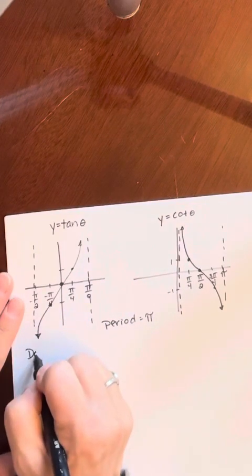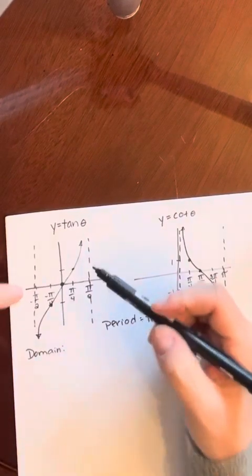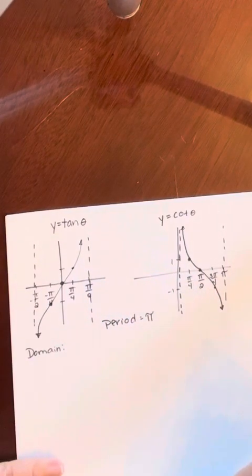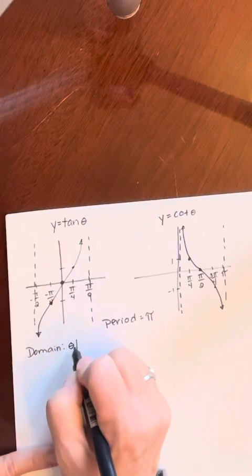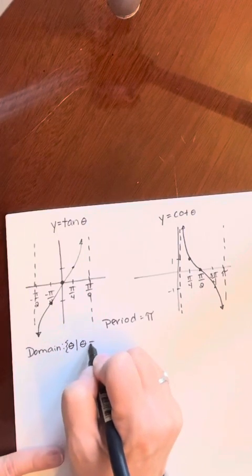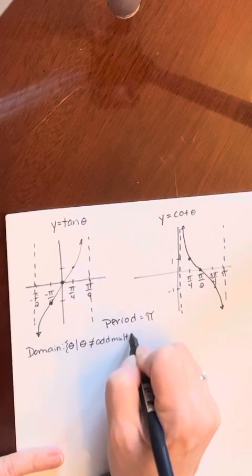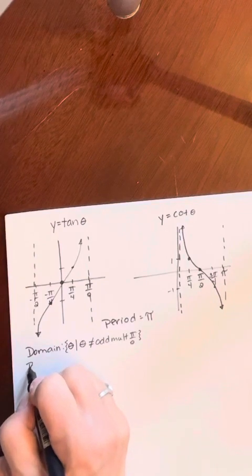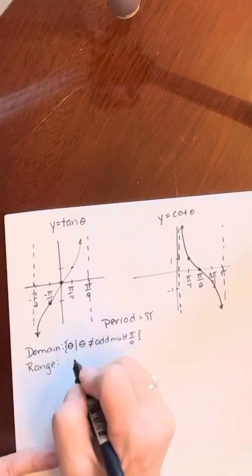Let's look at your domain. Your domain for tangent. We've got asymptotes at odd multiples of pi over 2. So we have theta such that theta cannot equal odd multiples of pi over 2. And your range is nice. Your range is all reals.